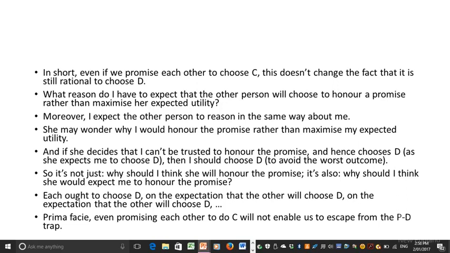I expect the other person to be just as suspicious about me going against my interests as I am about them. So we get this kind of endless iteration of could I expect him to expect me to expect her and so on. But it basically comes down to this question of why should we honour a promise rather than maximise expected utility.